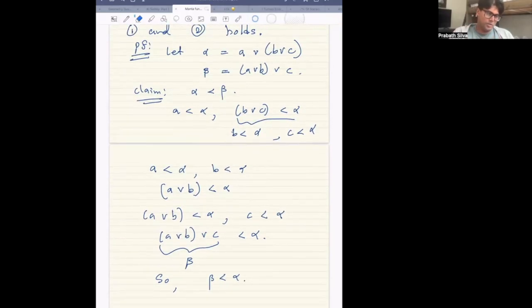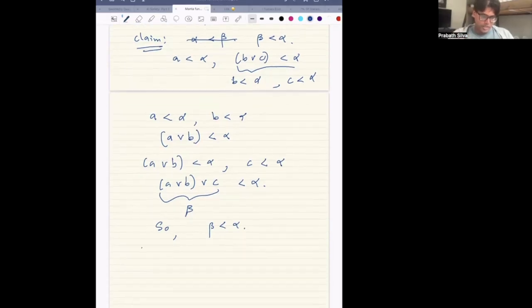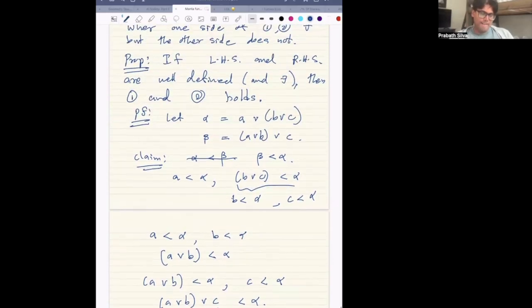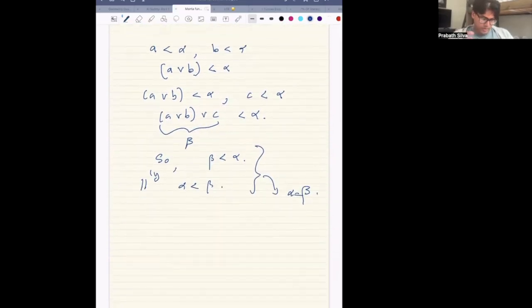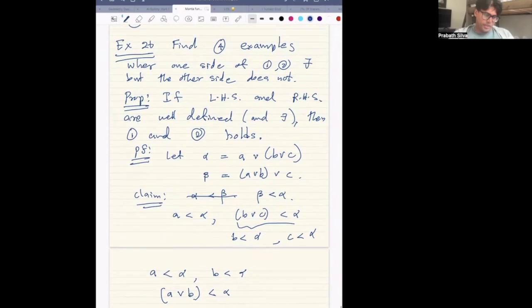We wanted to prove this, but we ended up proving this. And you can similarly prove the other one. Start with beta, then unpack and go from there. Similarly, alpha is less than beta. But from these two, you get alpha equals beta. So the associativity holds when these things are defined. Okay, now let me leave the other one as an exercise.